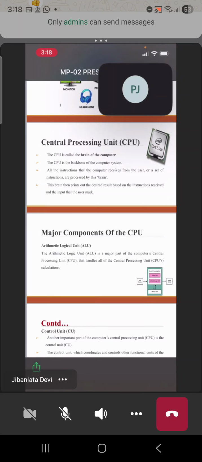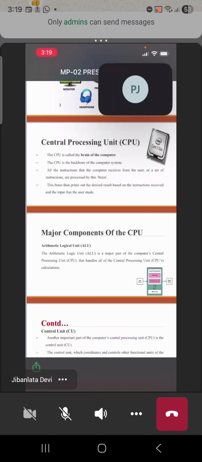Then it produces the desired result based on the instructions received from the input that the user made, and the result is given from the output.